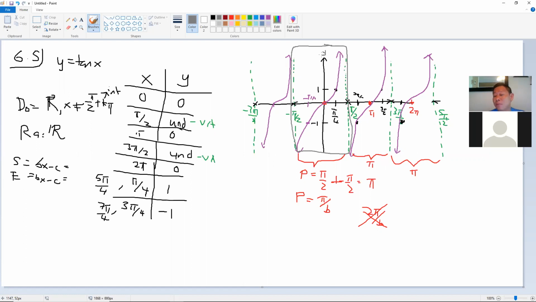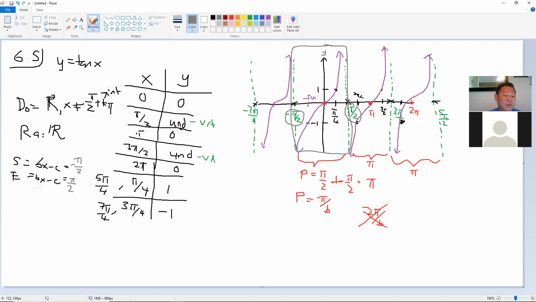So that's why we pick this one, because it's at the y-axis. And if you notice, it starts at negative pi over 2 and ends at pi over 2. So to find your starting point and your ending point, we make them equal to negative pi over 2 and pi over 2, because that is where we start and end.